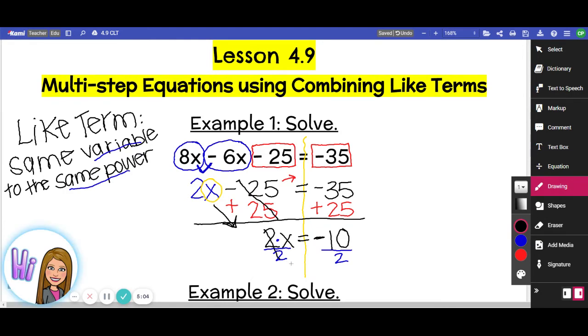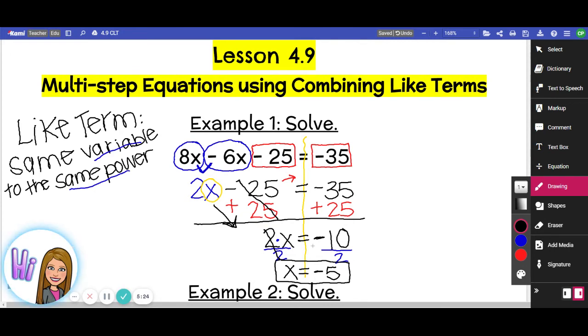So this will cancel out, and I'm just going to bring down my x. So x is equal to negative 10 divided by 2. So a negative divided by a positive makes a negative, and 10 divided by 2 is 5. So we get that x is equal to negative 5.